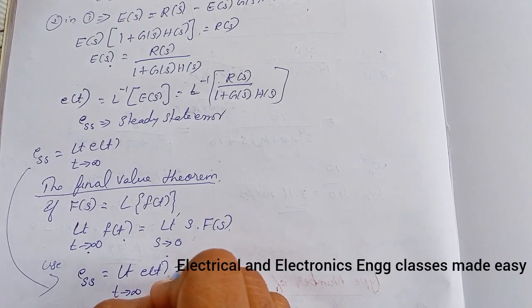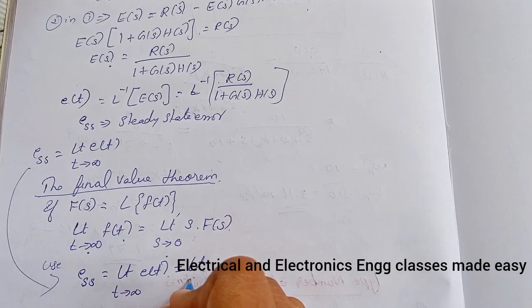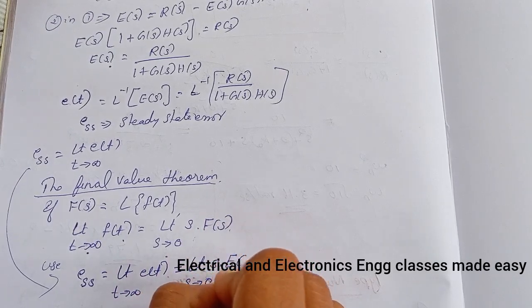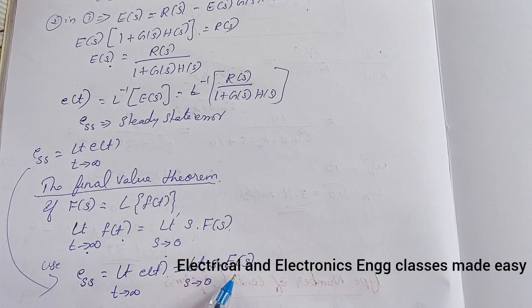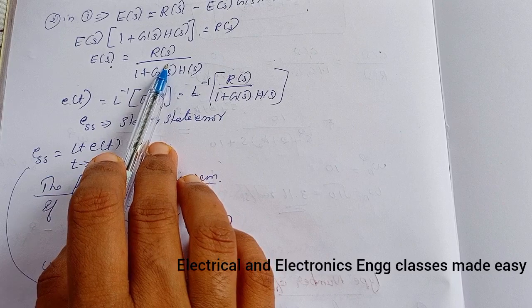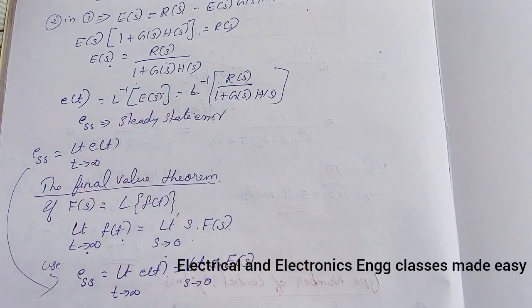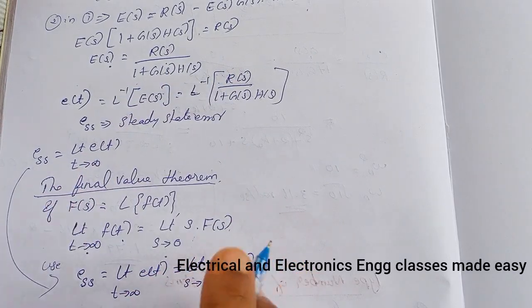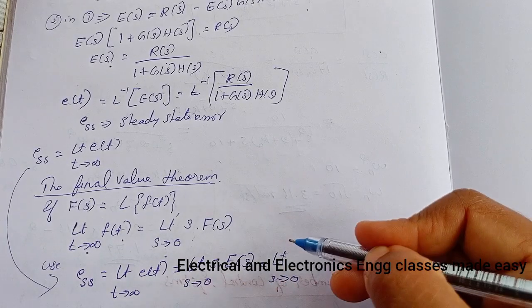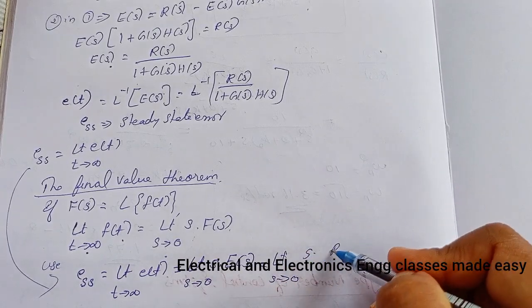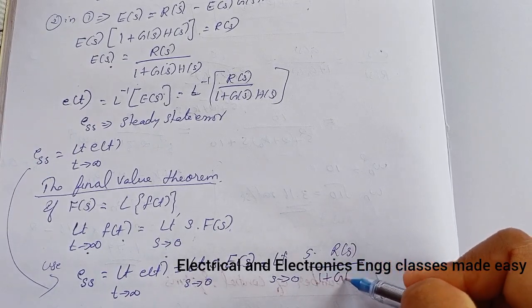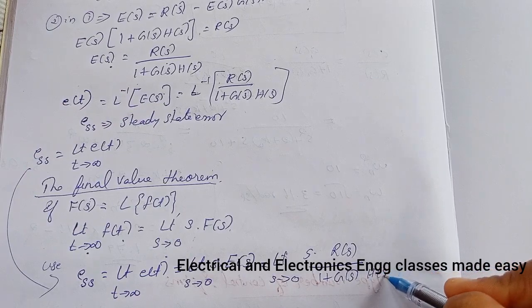So that is equal to limit s tends to 0 of s into E(s), and E(s) is R(s) divided by 1 plus G(s)H(s). So we can write limit s tends to 0 of s into R(s) divided by 1 plus G(s)H(s).